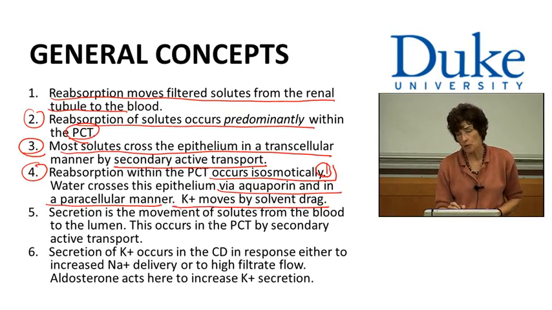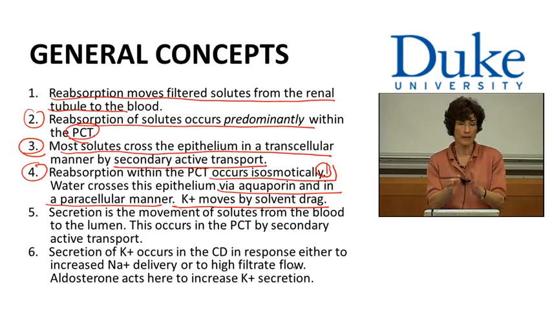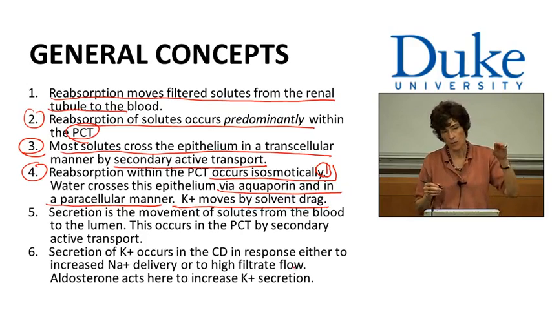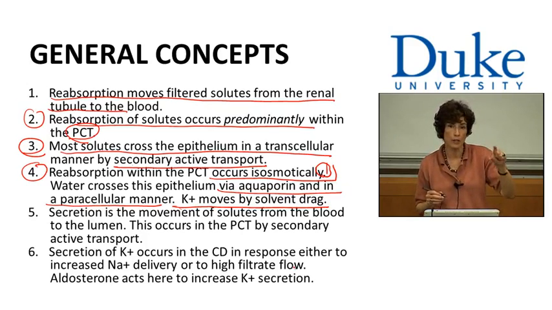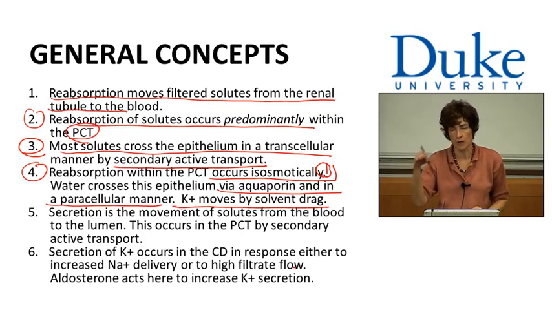And the potassium will move by solvent drag in a paracellular manner, so it's following the water. As water is moving, it's changing the concentration of the potassium in the tubule. The potassium now has a higher concentration in the tubule, and it can then diffuse across this region and into the blood.